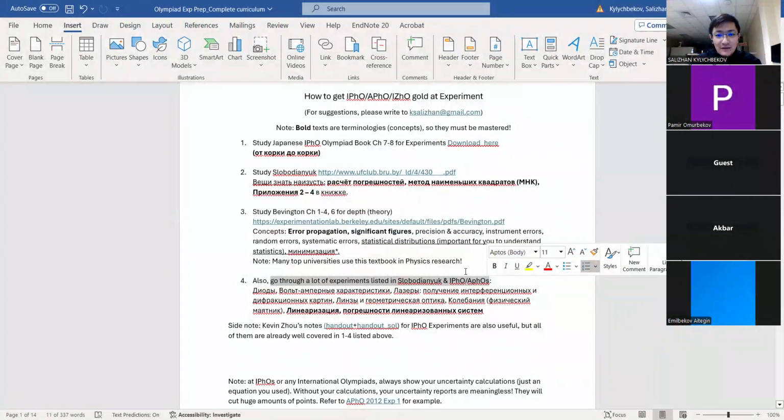For instance, in IPhO 2012, Kazakh guys Kaysar and Nurjas got gold medals, you know. And I remember when I asked them how did they solve the experimental part, they said, we saw that problem before, like the exponential pattern.